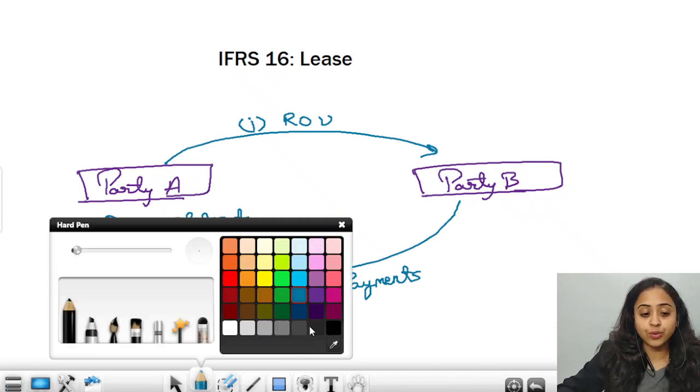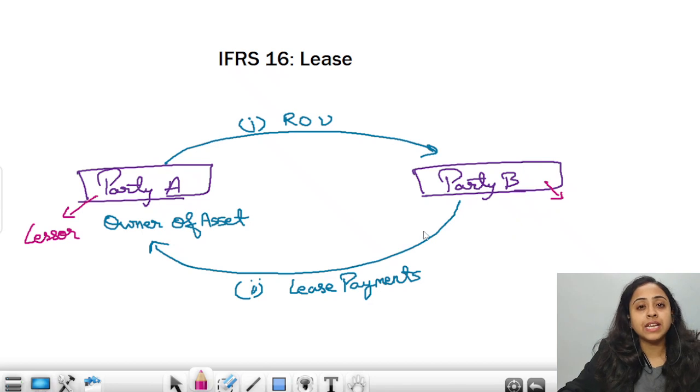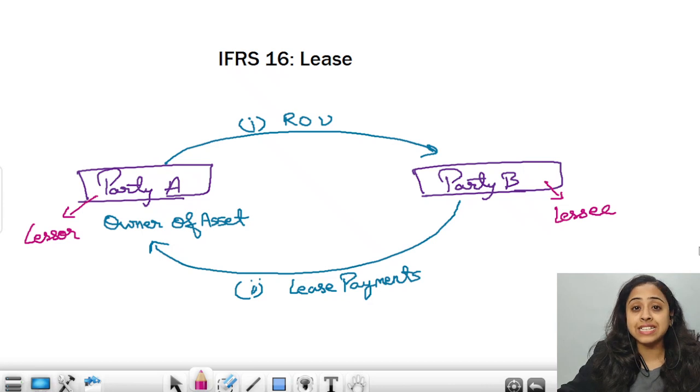Now, in this scenario, we can say that the party who is the owner of the property and has provided ROU is known as lessor, whereas the party which is using that asset and has agreed to pay lease payments periodically is known as lessee. Now we say that lessee is not the owner of the property, still lessee is permitted, and lessee should record this ROU in the books of account.